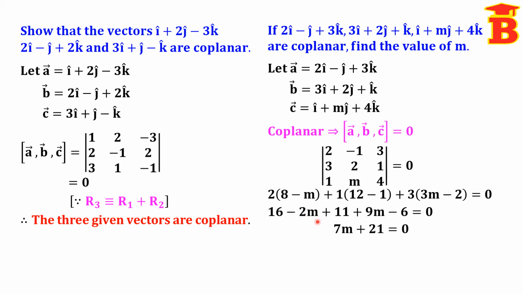Now minus 2m plus 9m is 7m. Add the constants. 16 minus 6 is 10. 10 plus 11, 21 equal to 0. So this implies 7m equal to minus 21, that is m equal to minus 3. This is the answer.